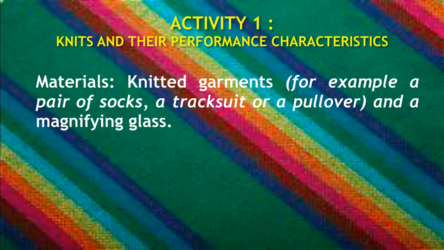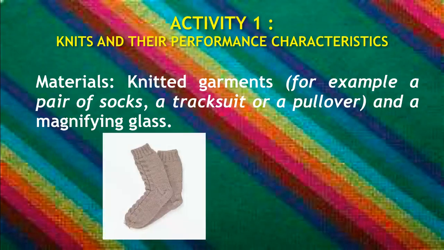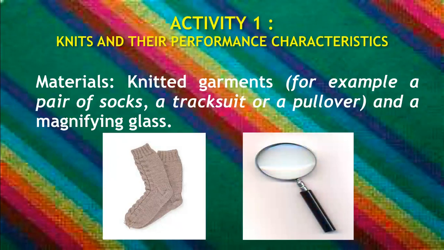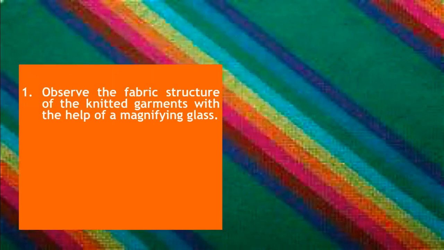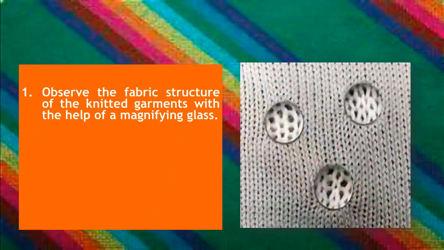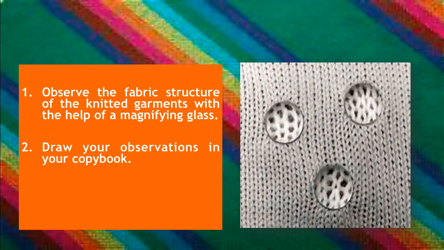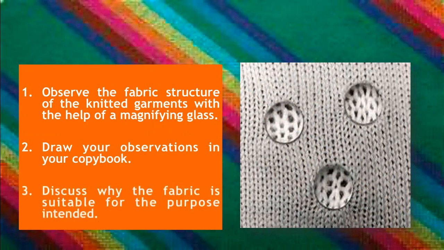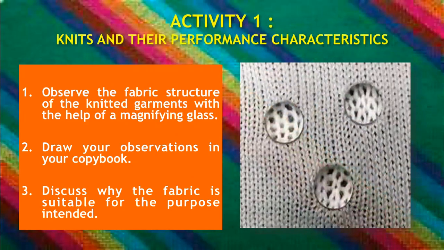You will also require a magnifying glass. Observe the fabric structure of the knitted garments with the help of a magnifying glass. Draw your observations in your copybook. Discuss why the fabric is suitable for the purpose intended.